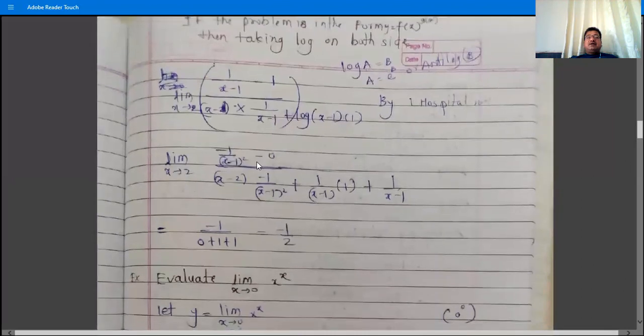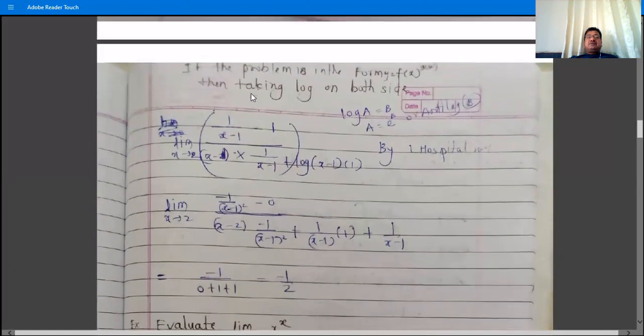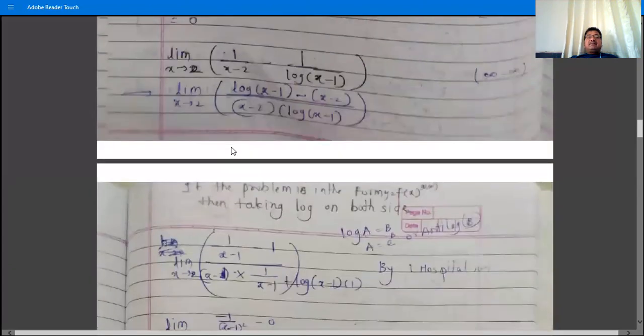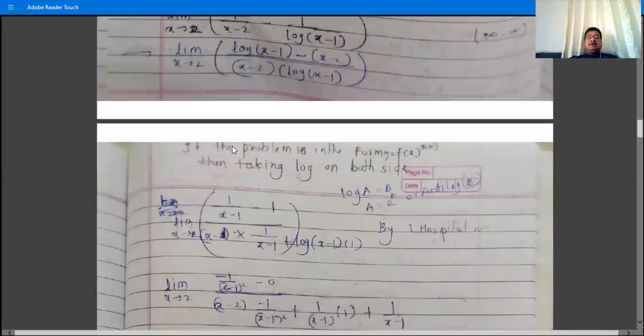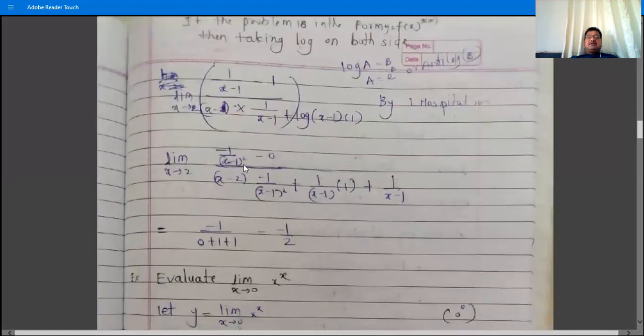So again apply L'Hospital rule. The derivative of 1 by x minus 1 is minus 1 by x minus 1 bracket square, minus the derivative of 1 is 0. Then for x minus 2 into 1 by x minus 1, using the u into v rule, x minus 2 times the derivative of 1 by x minus 1, which is minus 1 by x minus 1 bracket square, plus 1 by x minus 1 times the derivative of x minus 2, which is 1 into 1.